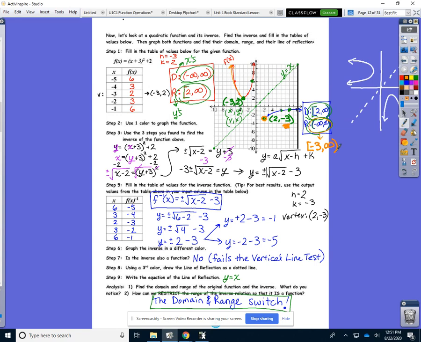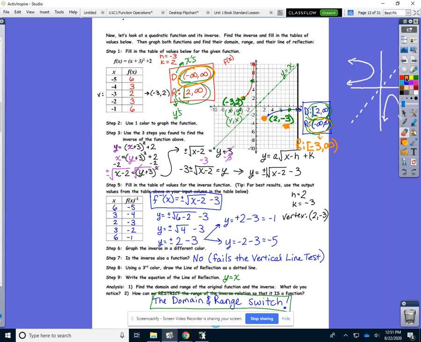And what would that do to my original? Well, remember, the range here would become the domain here. So if you restrict the range on this graph, you would have to restrict the domain on this graph, which would mean we would erase this half as well so that there's still a reflection.